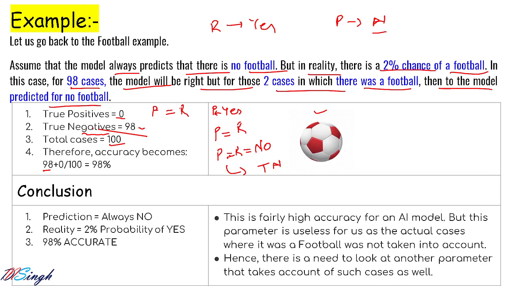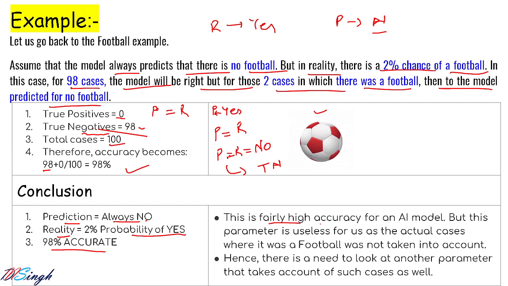So there is no such case where prediction and reality are matching and reality is also yes. Okay, so in conclusion, prediction always no, reality 2% probability of yes, accuracy is what? 98%. In that way you can calculate.